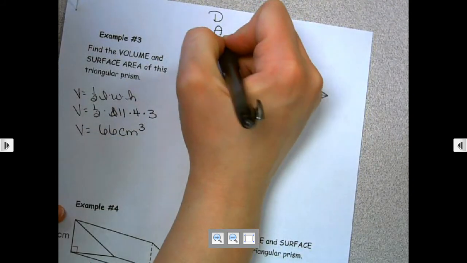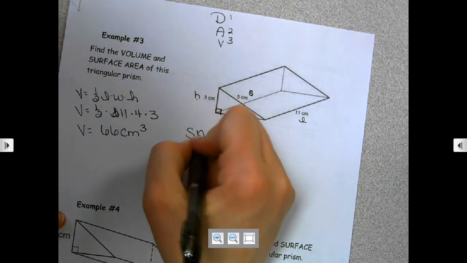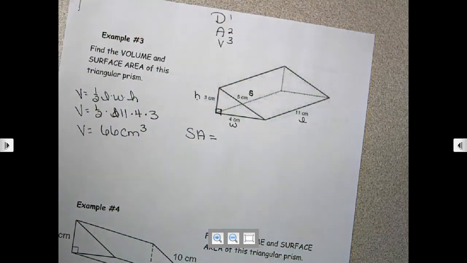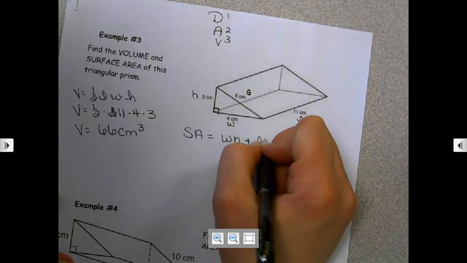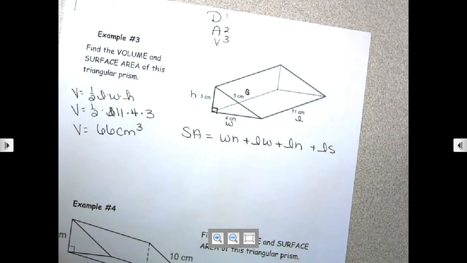Remember, volume is cubed. Okay, now taking a look at our surface area, and I actually have to look back. We have surface area equals WH plus LW plus LH plus LS.